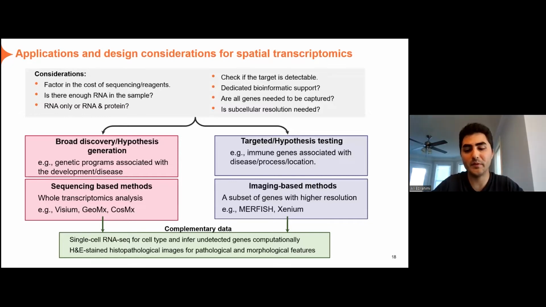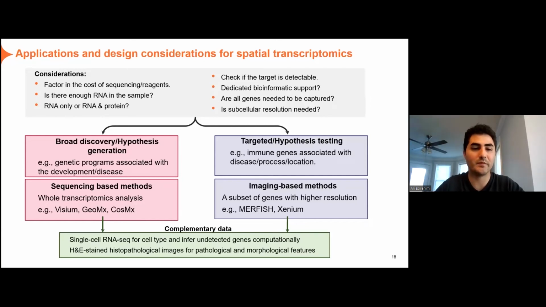In addition, if you really need whole transcriptome or some targeted genes, that could impact the decision. But other factors like the resolution that is needed. If subcellular level resolution is really needed, or you would be okay with having information at a single cell or few cell level.